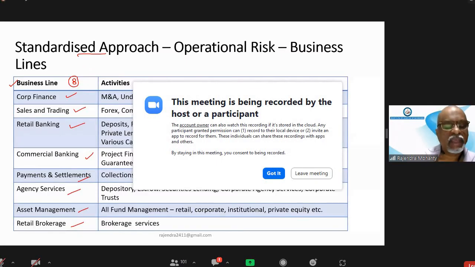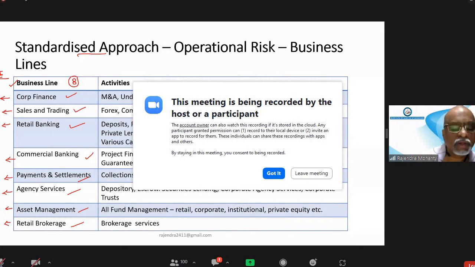The same process of finding gross income, but the gross income has to be differentiated into each business line. You have to segregate the gross income separately for all the business lines. So what is the amount of gross income for, say, corporate finance?